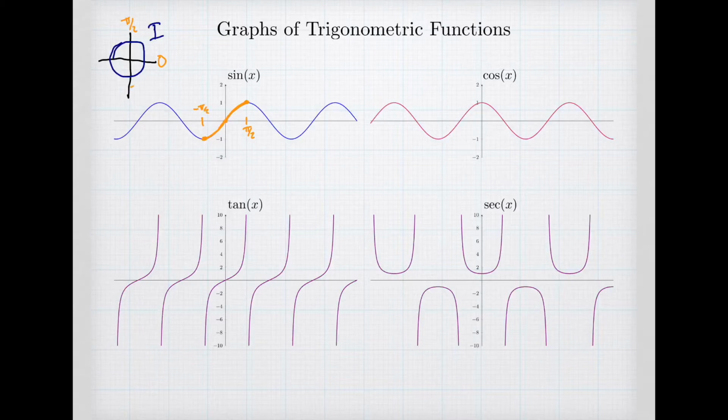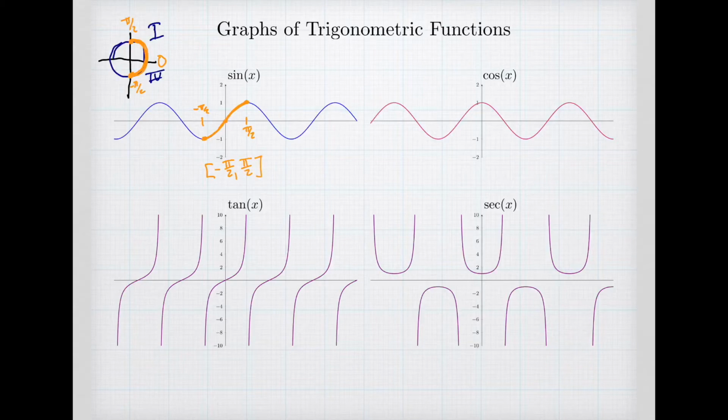Okay. And so for the sine, its restricted domain corresponds to quadrants 1 and 4, which allows me to take a restriction from my domain going from minus pi over 2 to pi over 2, including the endpoints.